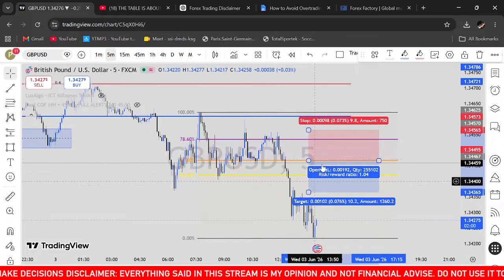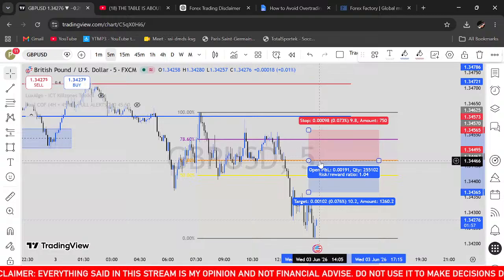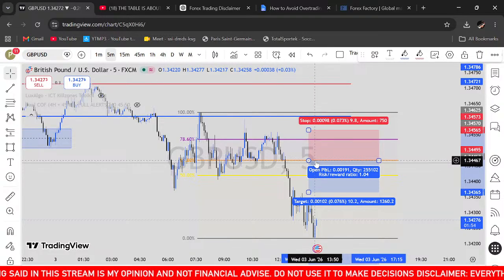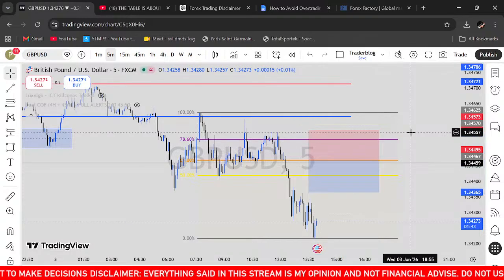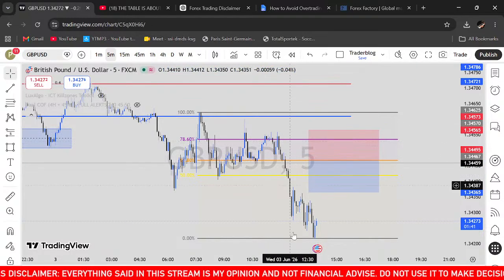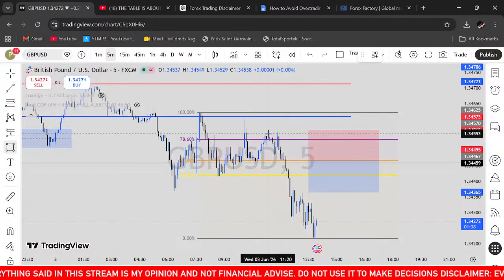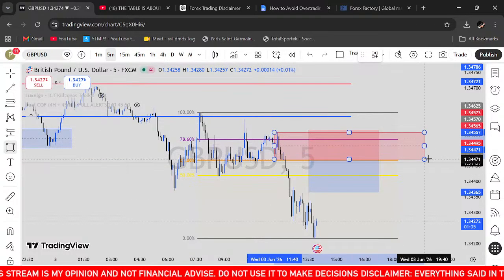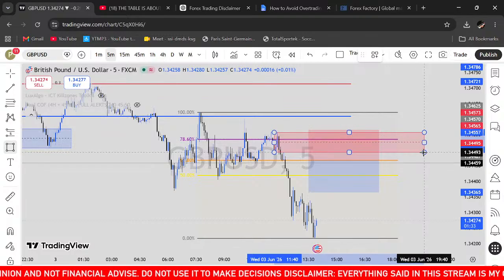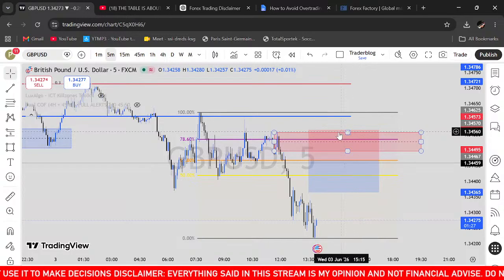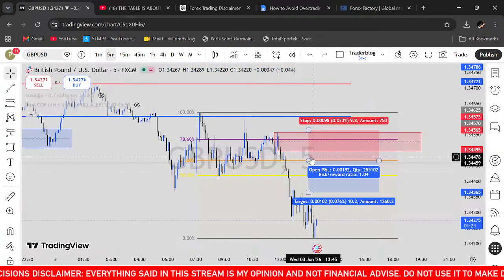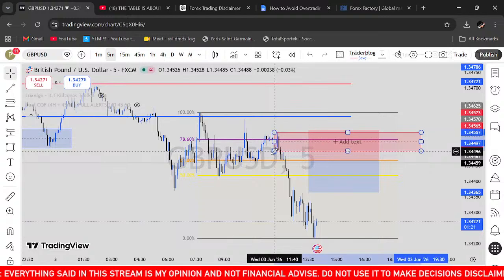After here, there's around 1.3446, right? Or 35. Let's say 1.3445. Another good area for me would be here. Anything above here, I'm not considering a sell again, right? What does this mean?